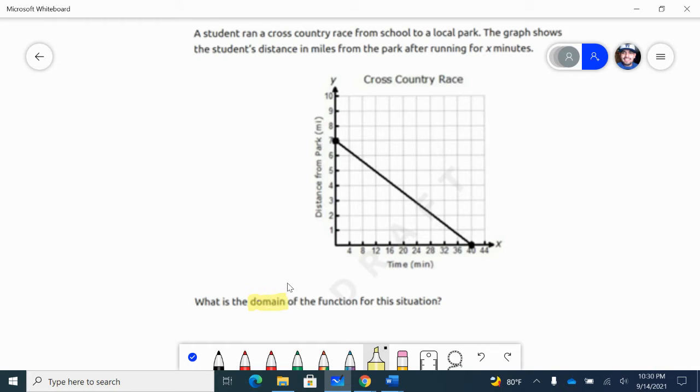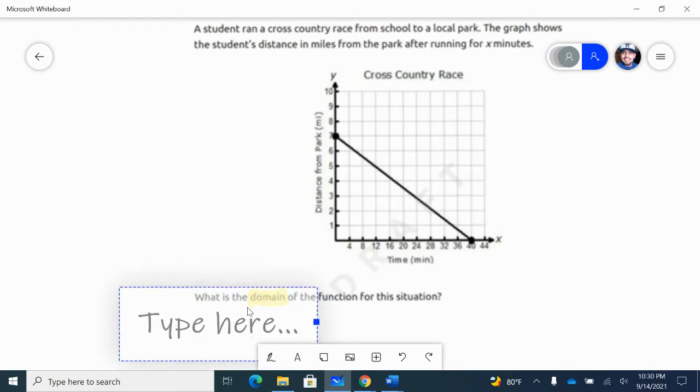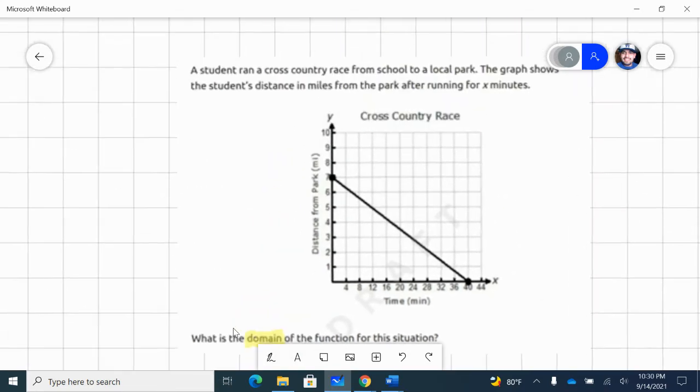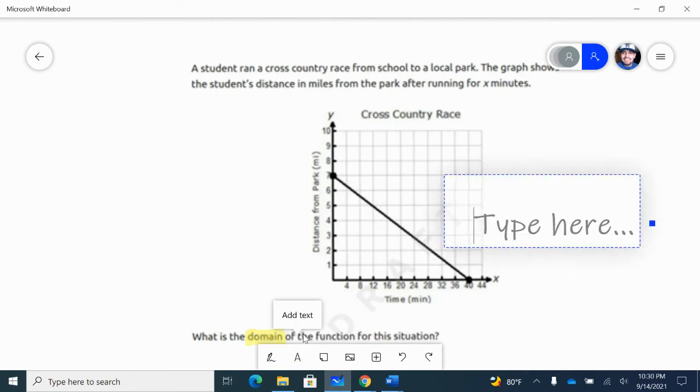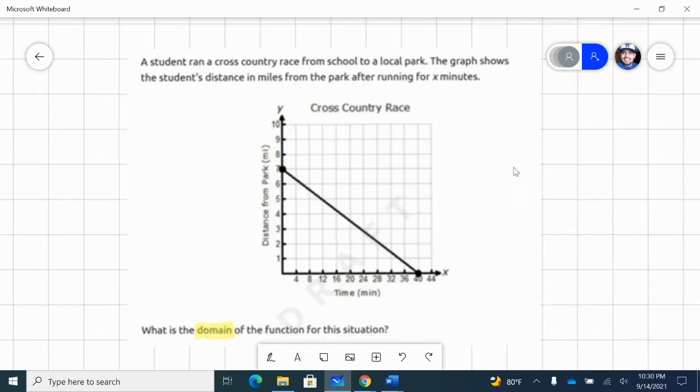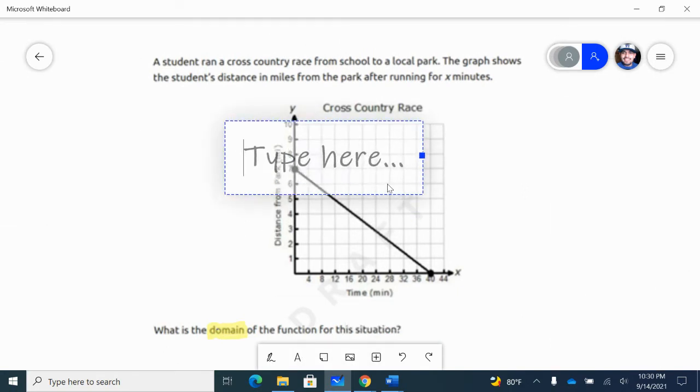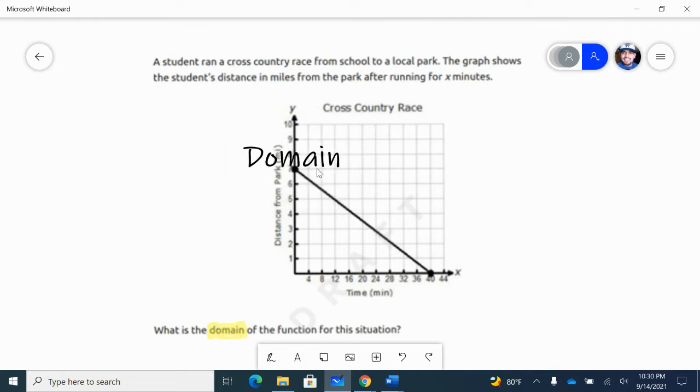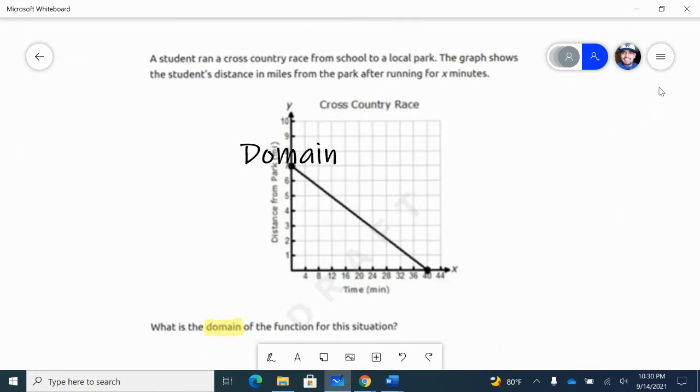Again, I'm doing something new here. I apologize. I'm a little new to this setup here. But what is the domain of the function? So let's not forget, what is domain? So again, please write down everything that you're supposed to on this piece of paper, please. Domain, if you guys recall, is the set of inputs.